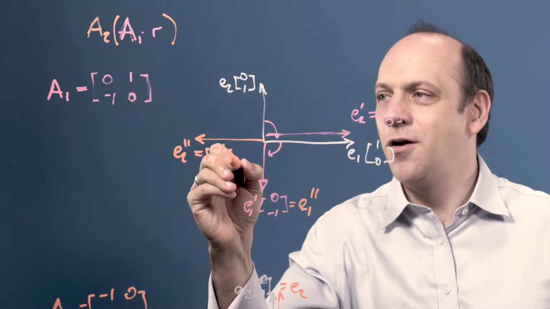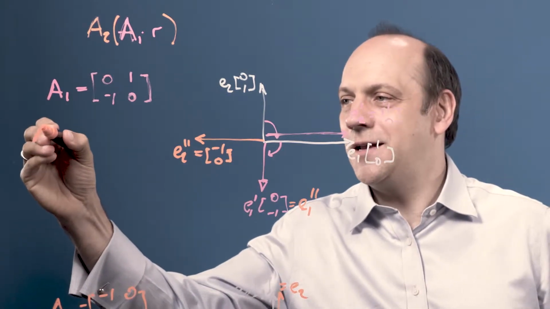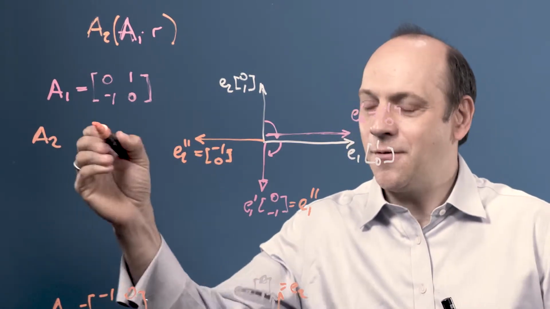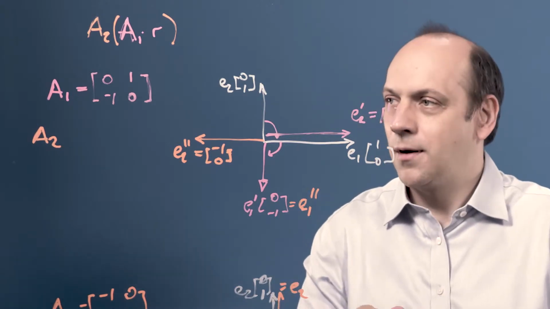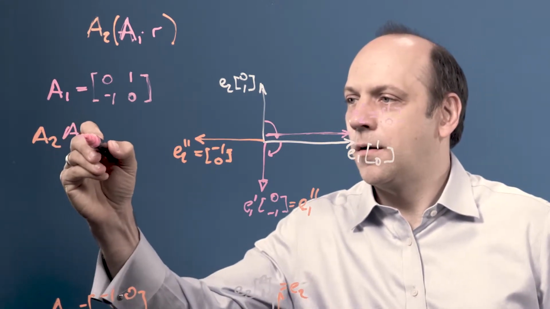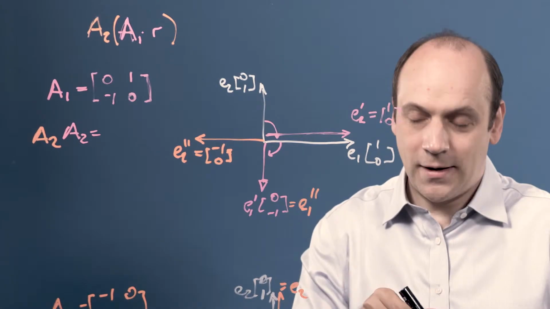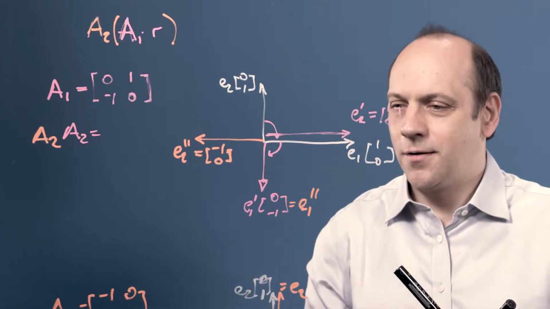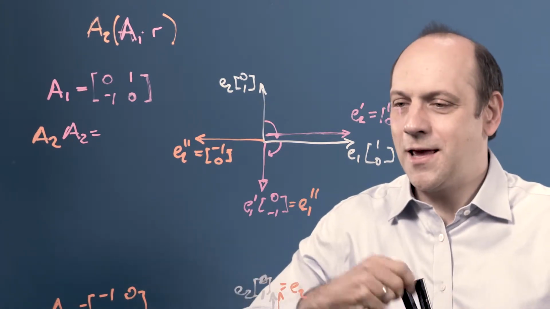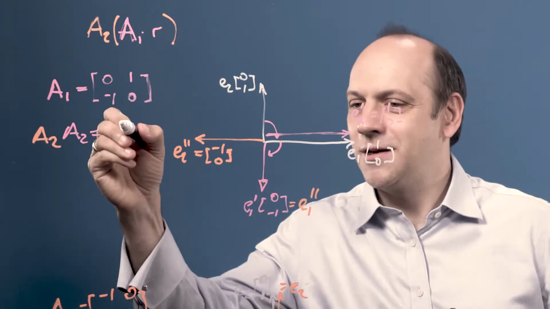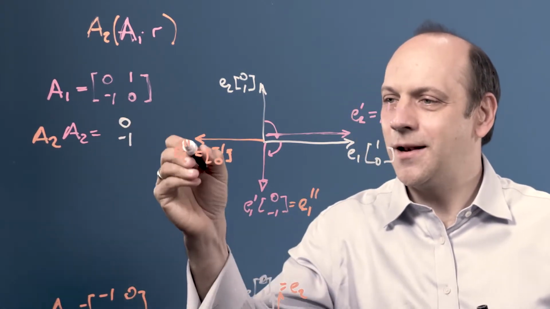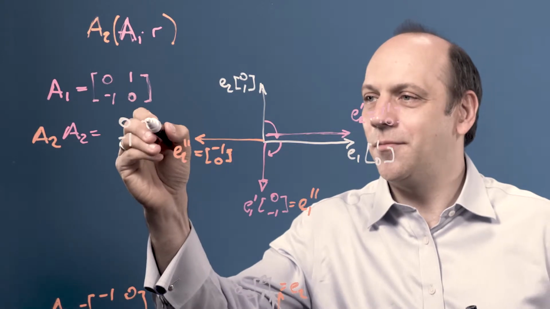So I'm going to have an overall result of doing A2 to A1, which is what I get. E1 prime I first write down, (0, -1). And E2 double prime I'm going to write down, (-1, 0).